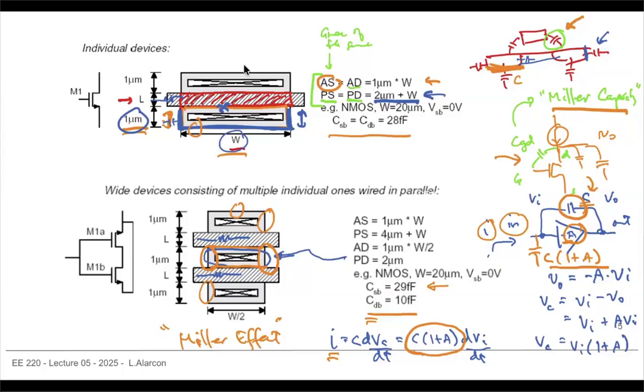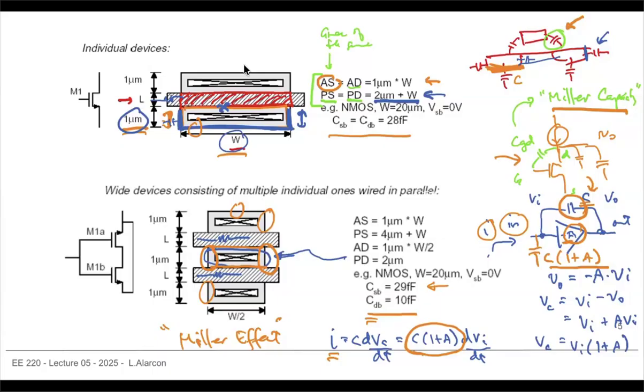It might be easy to miss, because Miller caps are very small, CGDs are very small, so it's probably going to be at the bottom of the list. But when you start running in actual operation, they can dominate. So it's very important to understand where all of these caps are coming from and which could be significant for your application. It's always dependent on what you want to do.